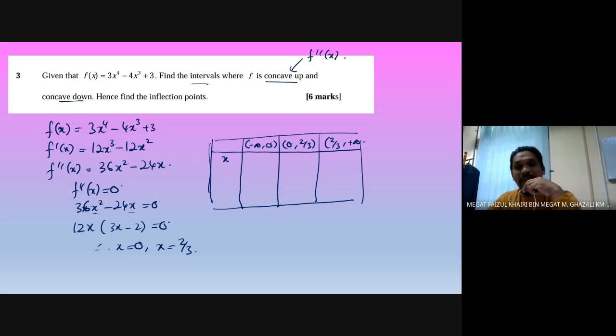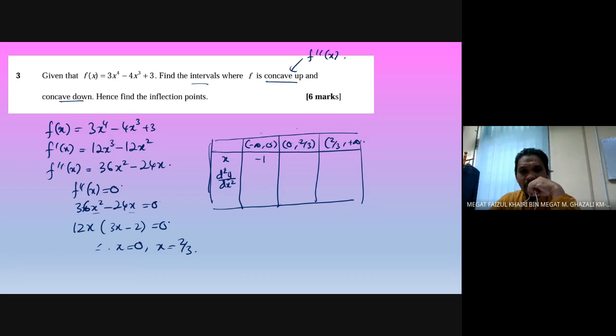You decide any value of x in domains 1, 2, and 3, and then substitute into the second derivative of y with respect to x. f double prime or second derivative of y with respect to x is all the same. One value of x in the domain from negative infinity until 0, I'll decide it, let's make it negative 1.